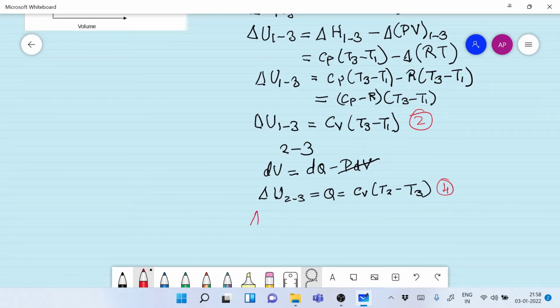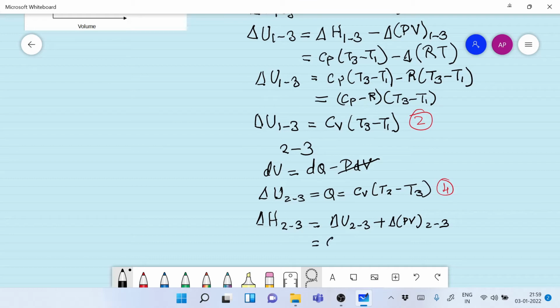Now the delta H for process 3 2 is equal to delta U for the process 3 2 plus delta PV for the process 3 2.